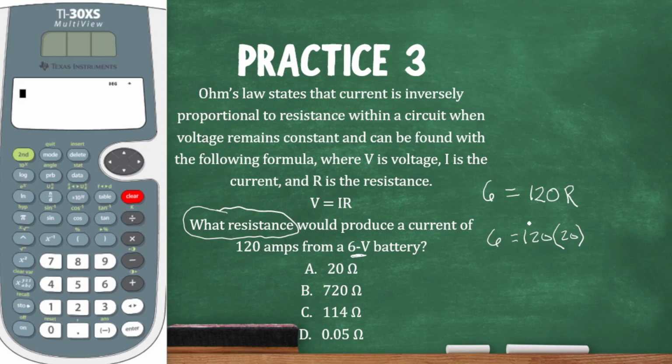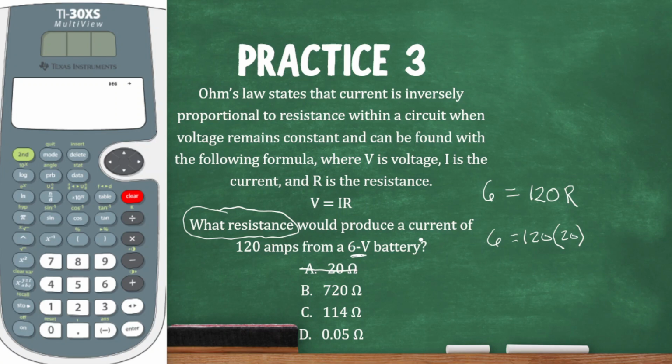Is that true? Is 120 times 20 equal to 6? Let's see, 120 times 20. It's not equal to 6. So A is not the correct answer. And we could just keep going down and trying them out, trial and error like that.